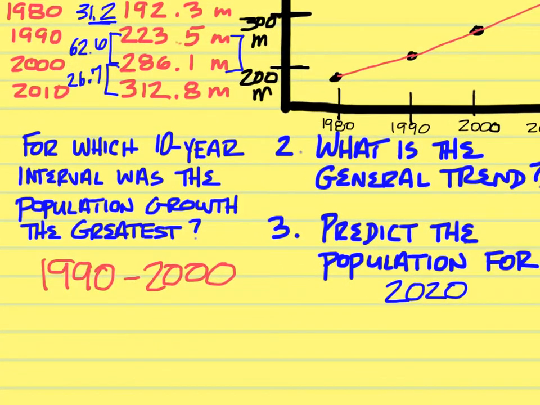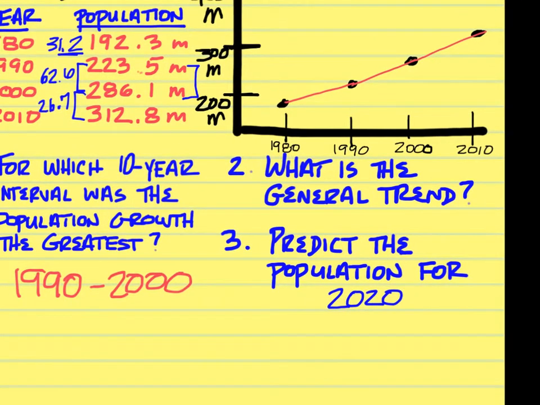Okay, question number 2. What is the general trend? What is happening to the population in this graph? Increasing, yes. Predict the population for 2020. What do you think the population would be in 2020?